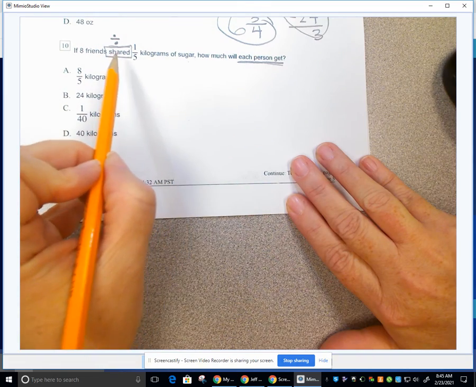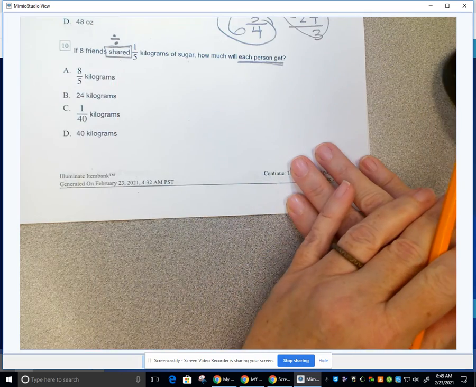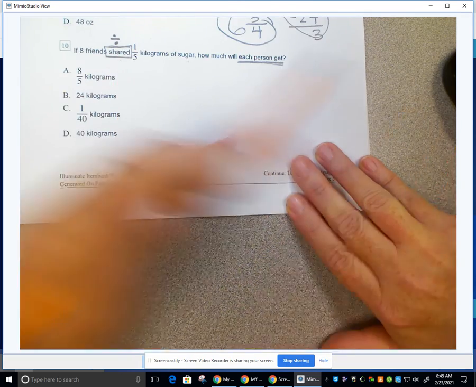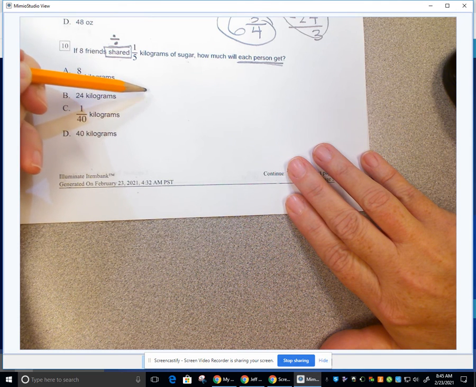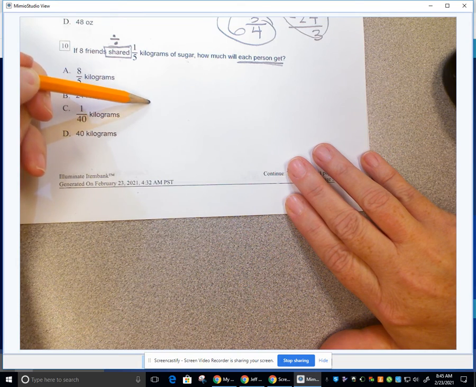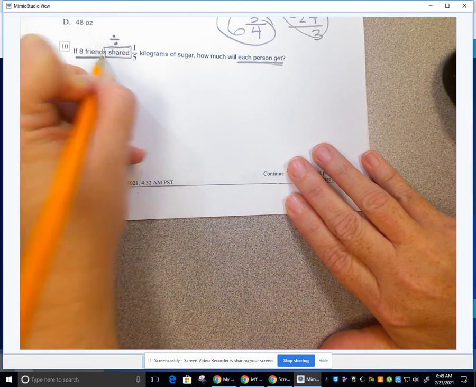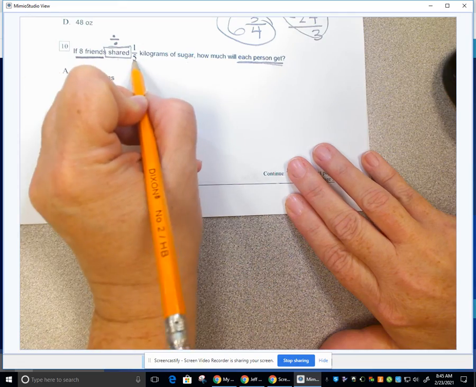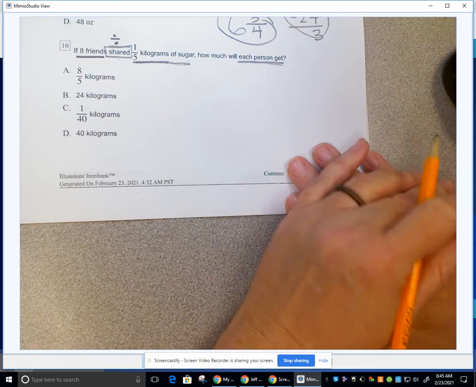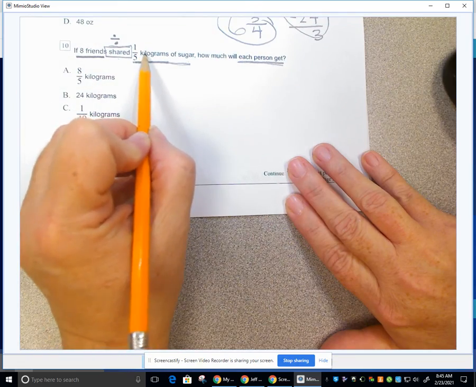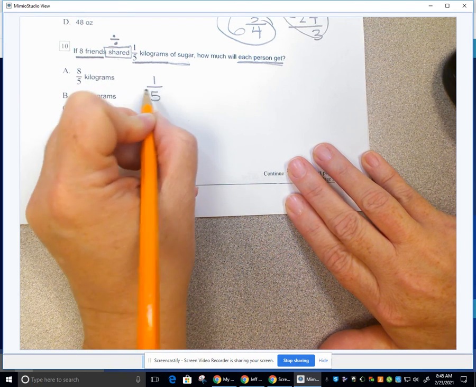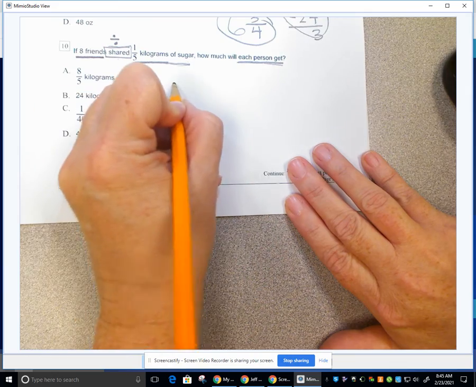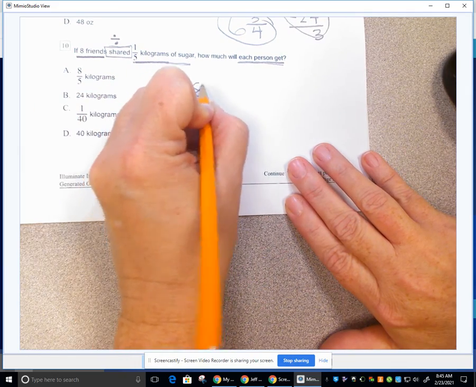We know altogether there was 1/5, but they all shared it. So I've got to set up my problem, and we know we're dividing here. The first number we write down is the item that's getting shared. Since the sugar is what's getting shared, it has to go first. So there's 1/5 divided by 8.